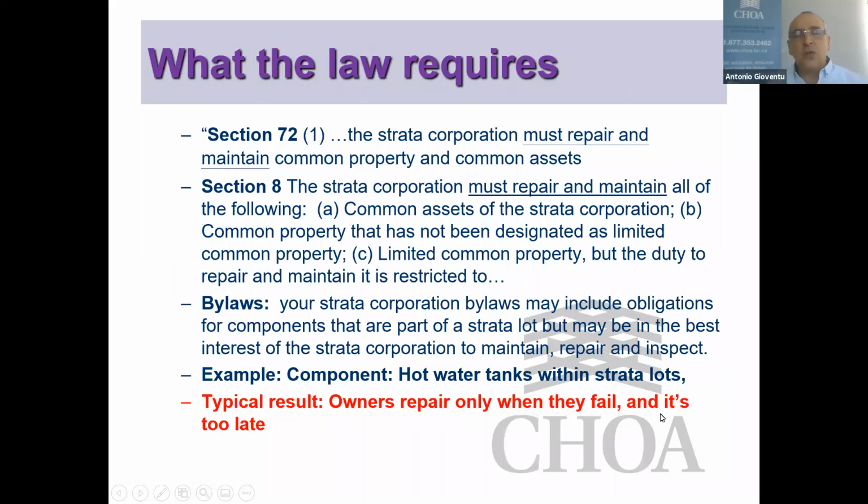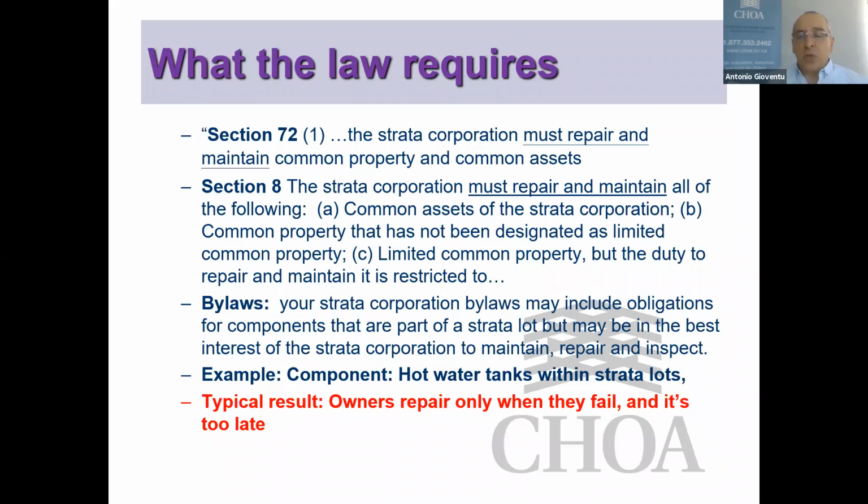I think you have to also look closely at the legislation. The legislation clearly says the strata corporation must repair and maintain common property and common assets. And that includes the assets of the corporation that you own, common property that has not been designated as limited common property, and limited common property, but the duty to repair and maintain it is restricted to those things that occur less than once a year.